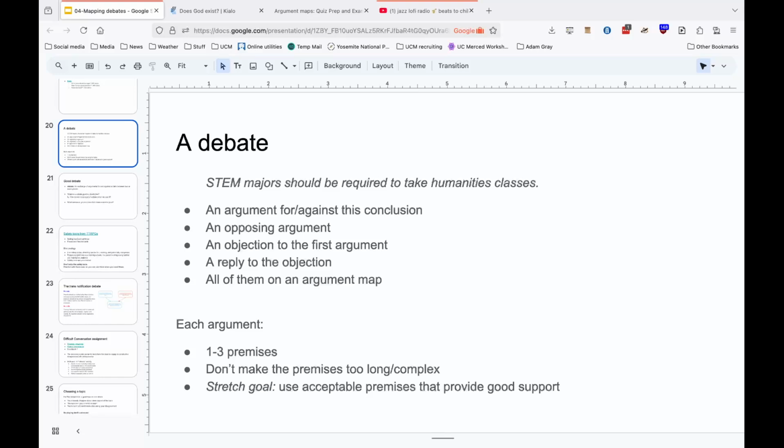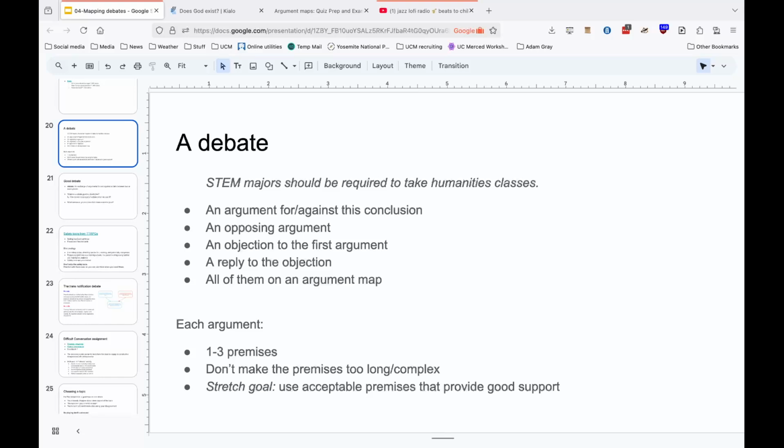Now, what makes it a reply? Aiden? Is it because it's technically in opposition to an opposition? Good, slightly different term. It's an objection to an objection.